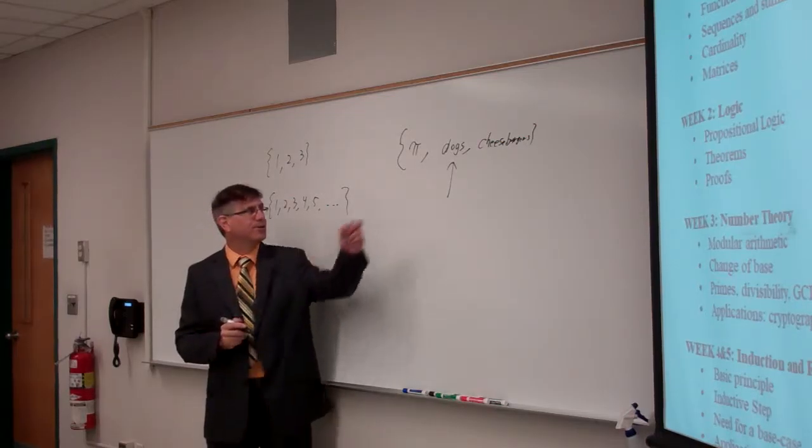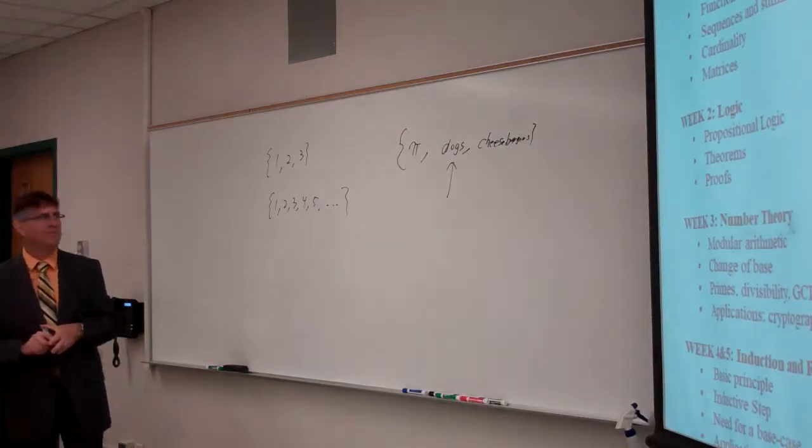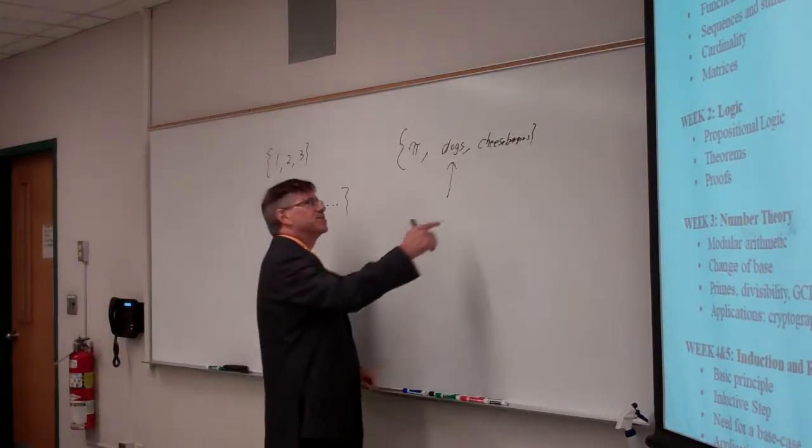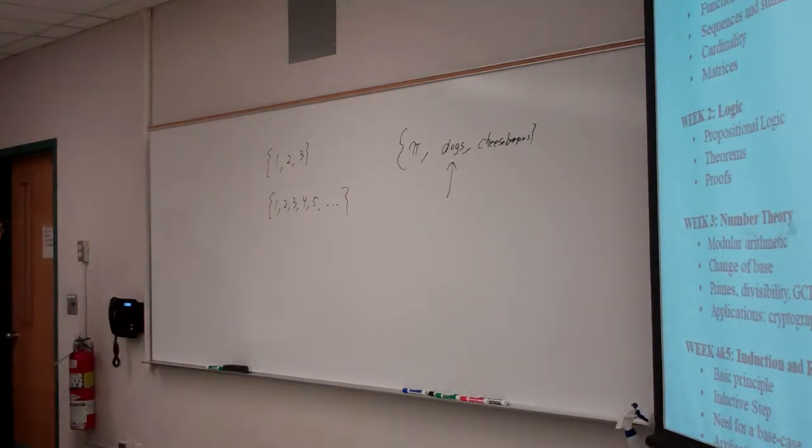This could be the set of all dogs whose breed begins with the letter C. This could be the set of all cheeseburgers that cost less than $2. And so you can have sets of sets, you can have sets that are empty, you can have sets that include empty sets. Just a collection of stuff.